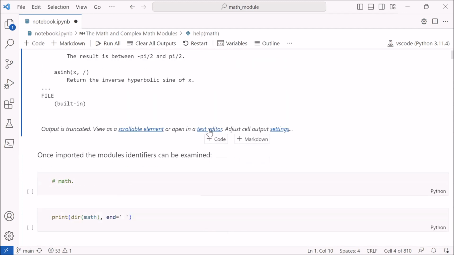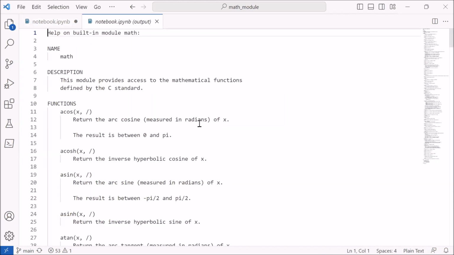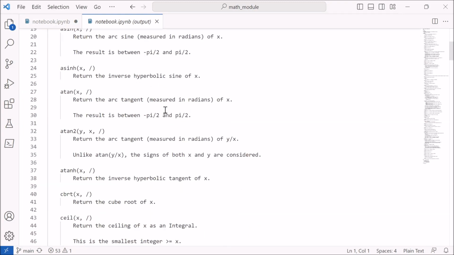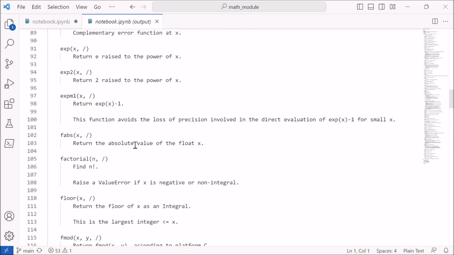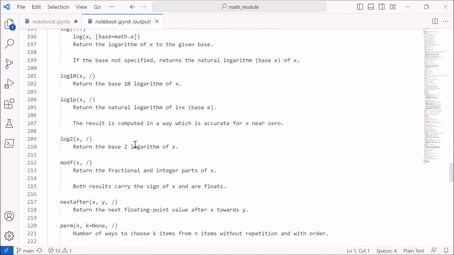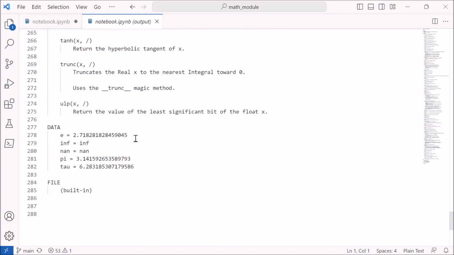If we view this in the text editor, we can see that it's mainly a module of mathematical functions, and there are some constants.